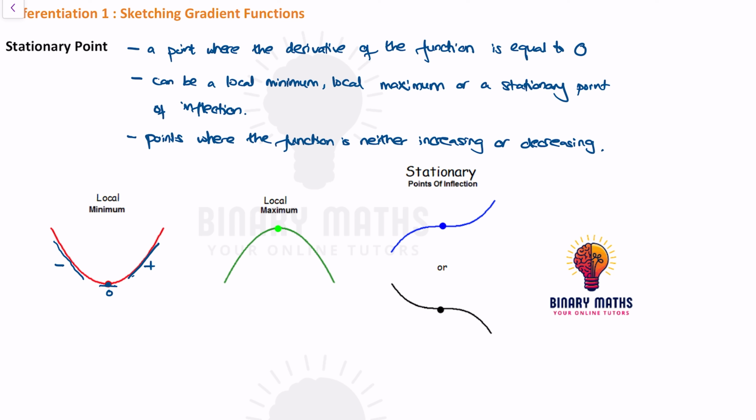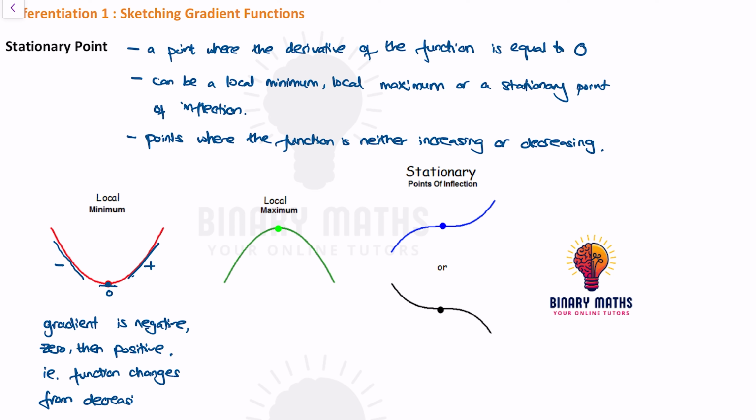So in a local minimum, the gradient is negative, 0, then positive. If you think of it another way, i.e. the function changes from decreasing to increasing.